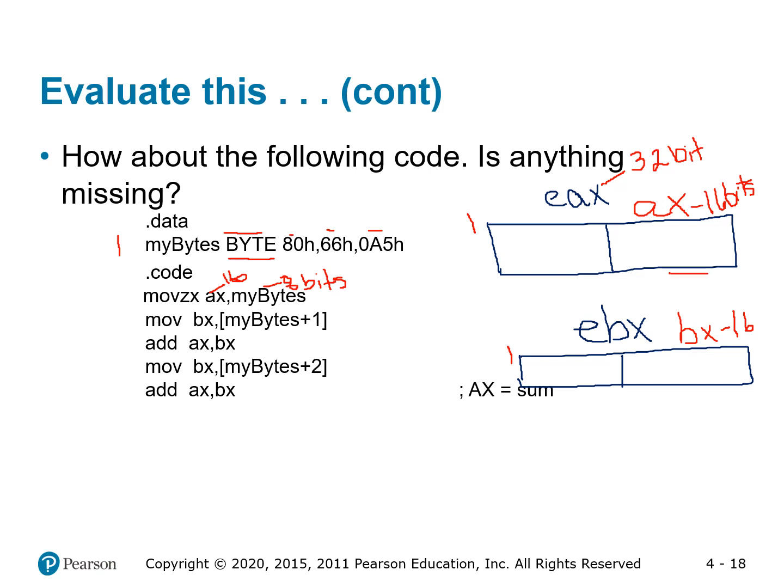So the lowest 16 bits are those registers. So if you look at line 2, AX is 16 bits. My bytes is 8 bits. So we're trying to move 8 bits into 16 bits, so we have to use the MOVZX instruction.